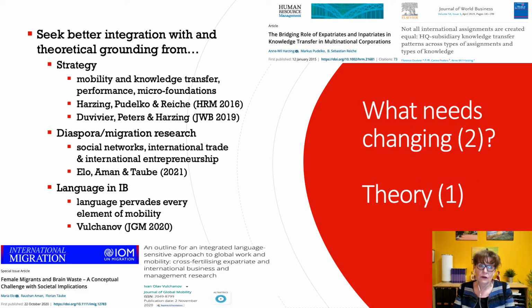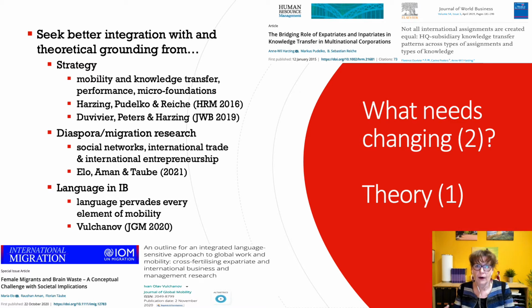So in addition to having a broader perspective on the population that we're studying, I also think we need to seek better integration with theories from neighboring disciplines. For instance, we already draw quite a bit on strategy when we look at the role of international mobility in knowledge transfer.